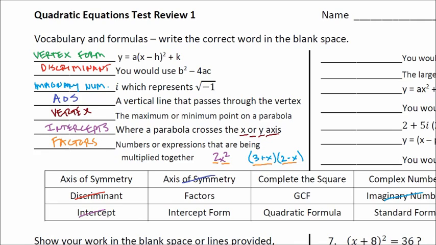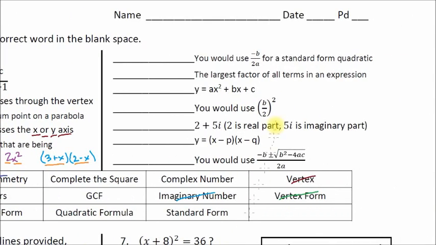All right, next column. You would use negative b over 2a for a standard form quadratic. So it's asking you, when would you use negative b over 2a for a standard form quadratic? Now be careful, this looks a lot like b over 2 squared, which is for something entirely different. Negative b over 2a helps us find the vertex, or the x value of a vertex.